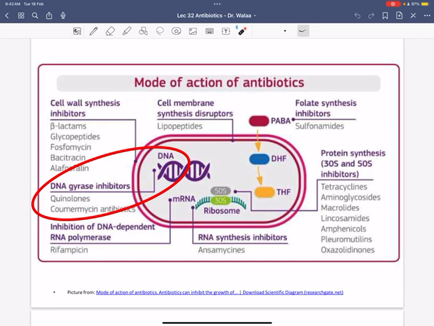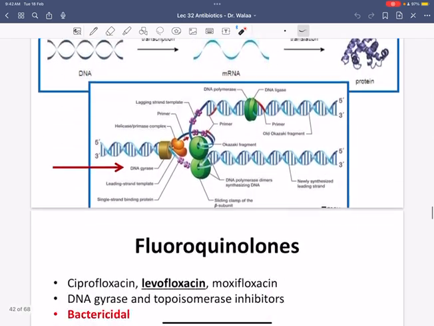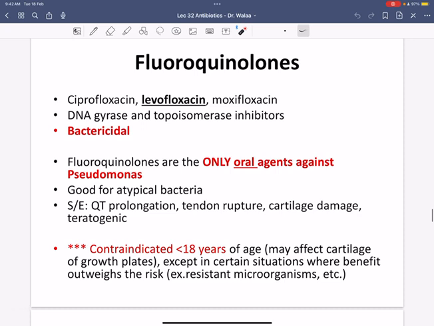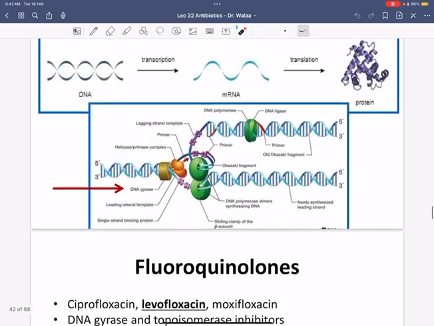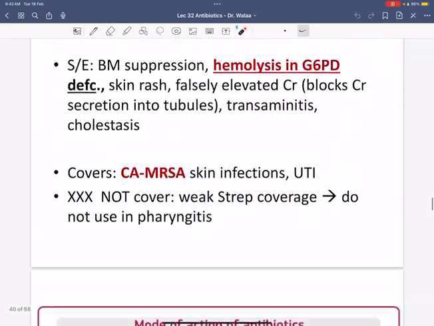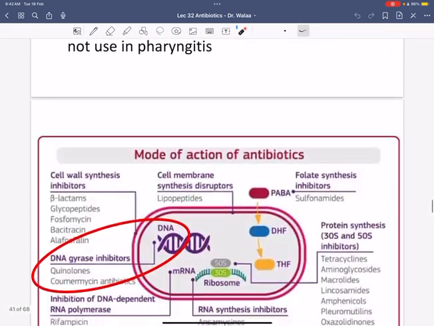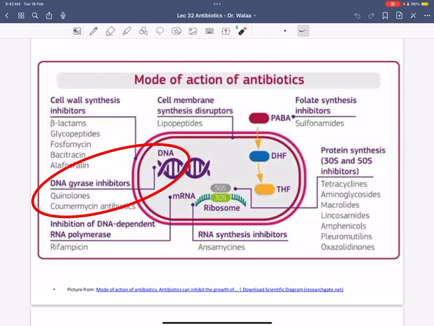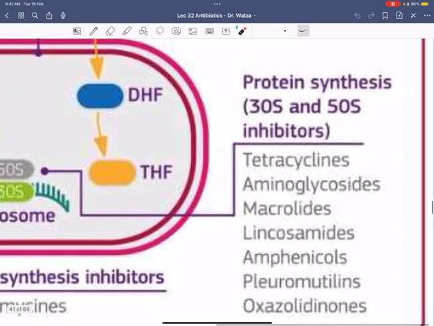Okay, fluoroquinolones, as we said, are an exception to protein synthesis inhibitors. They act as bactericidal in specific doses and specific concentrations. Folate and DNA synthesis inhibitors, we also consider them within the protein synthesis group. Protein synthesis or DNA synthesis happens through different mechanisms.